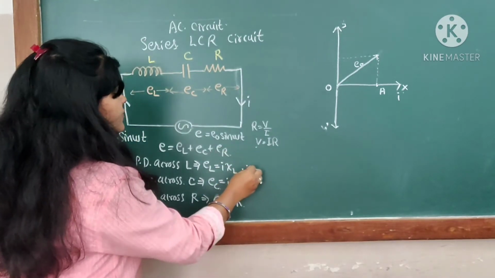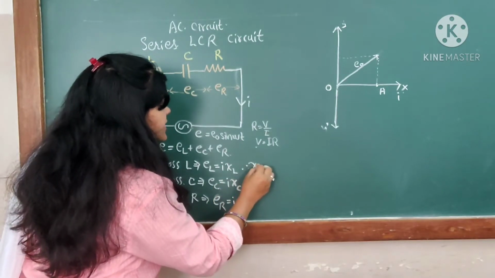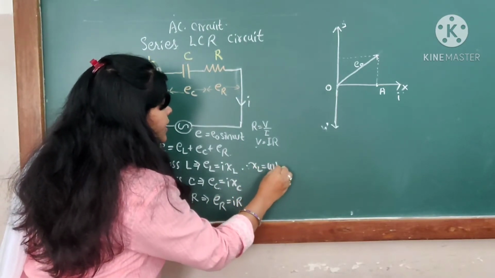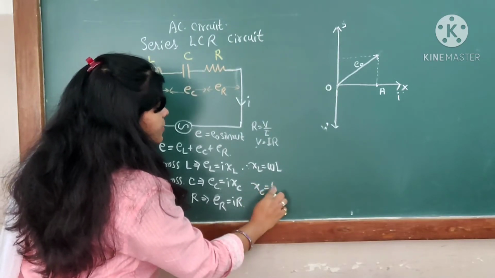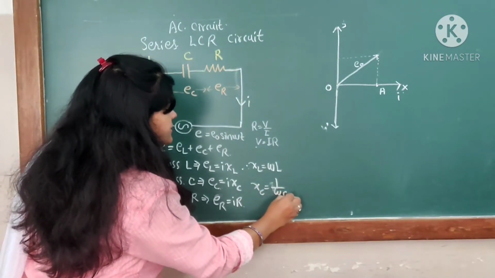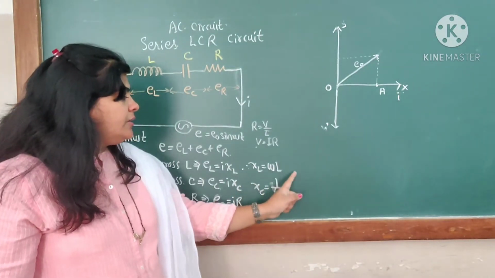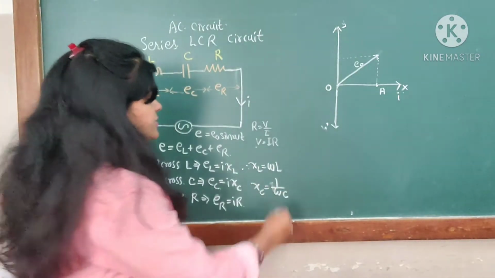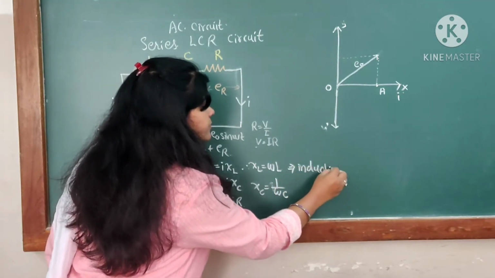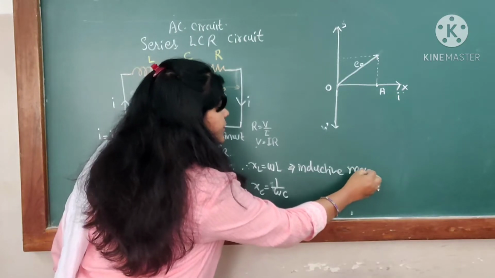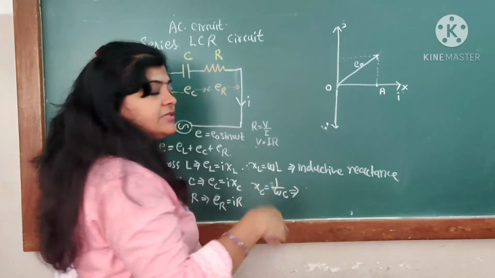Now what is the formula for XL? XL is equal to omega L. XC is equal to what? It is 1 upon omega C. Already we know that XL is the inductive reactance, and XC is the capacitive reactance.